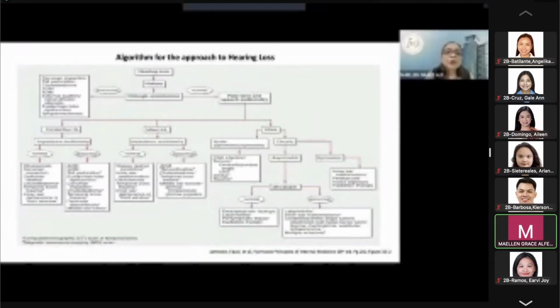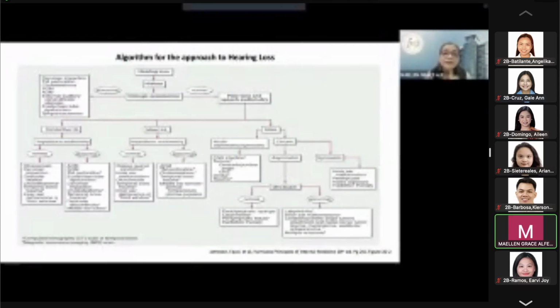Now, if the otologic examination shows abnormality, it may be due to a cerumen impaction, tympanic membrane perforation, cholesteatoma, serous otitis media, acute otitis media, an external auditory canal atresia or stenosis, a eustachian tube dysfunction, or tympanosclerosis.